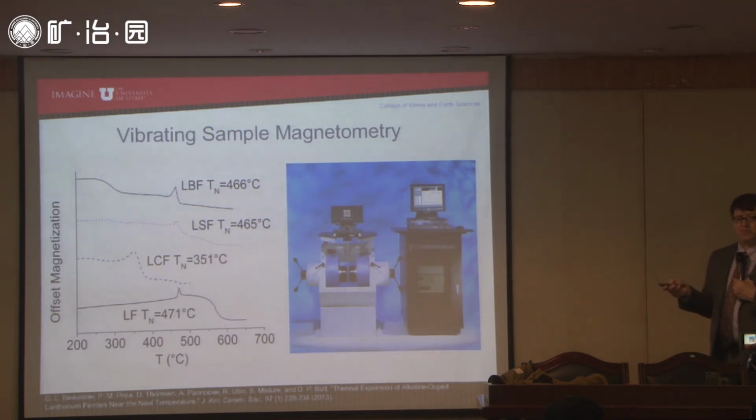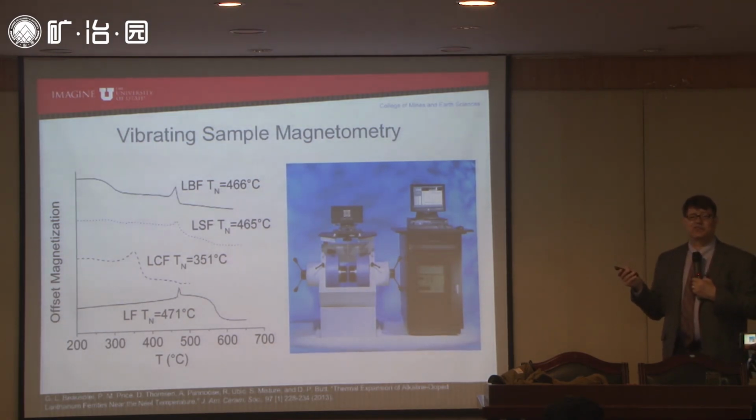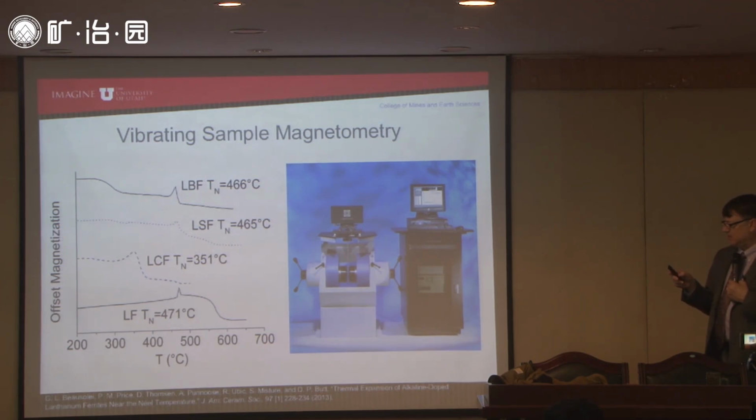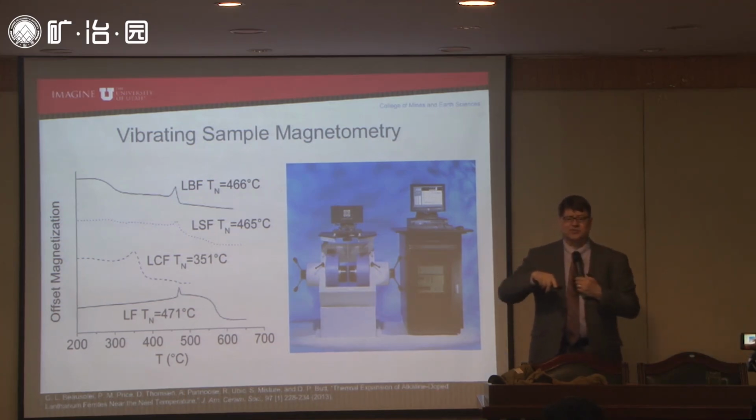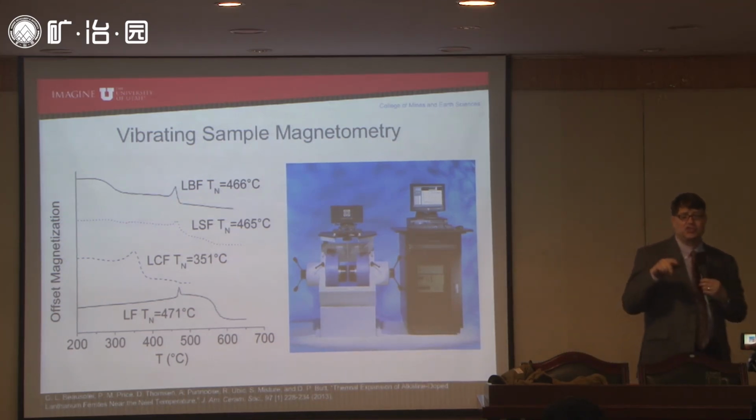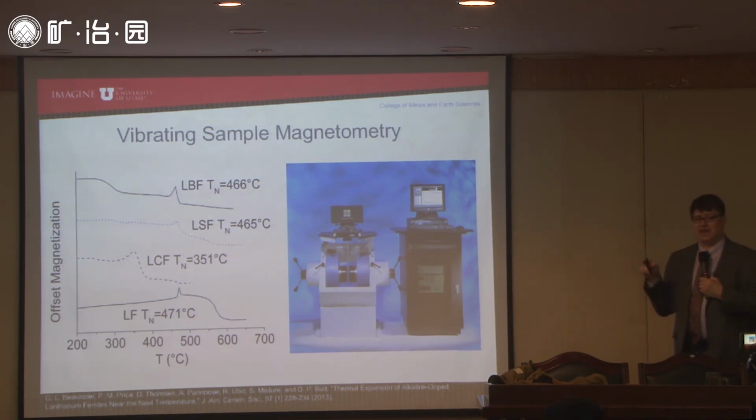I'm going to start by using the classic technique, which is vibrating sample magnetometry, and we're doing some high temperature vibrating sample magnetometry work. In this particular case, I'm just going to focus on material that's doped with 10% divalent cations.